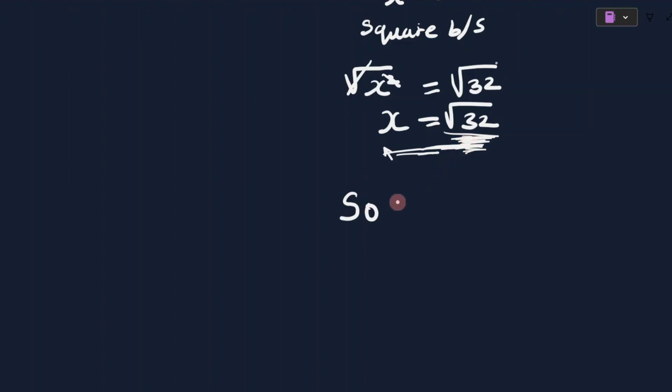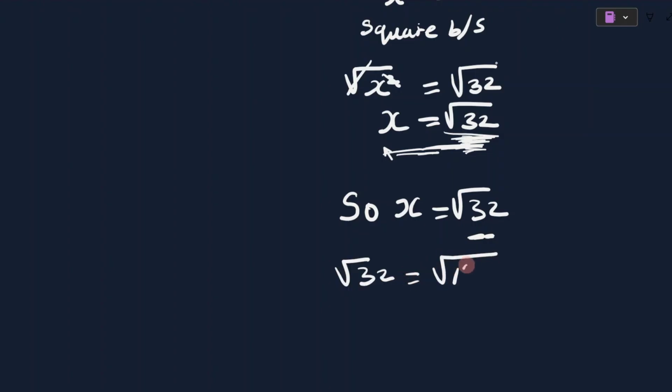So the next thing we are meant to do is to simplify this square root. Since s is equal to root 32, if you want a decimal calculation, you can take out your calculator and solve. However, if your teacher will not allow you to use a calculator, we can simplify this further. The square root of 32 is equal to the square root of 16 multiplied by 2, and remember, if you multiply 16 and 2, you get 32.